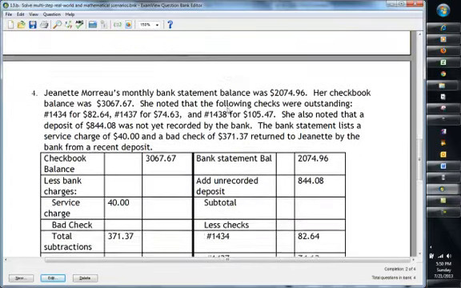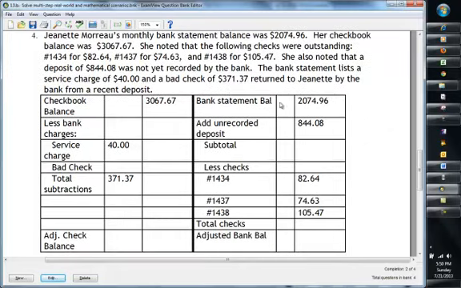This one's a little tougher. You have to reconcile a checking account statement. The bank tells her she's got $2,074.96 in her account. She says she has $367.67 in her account. But the bank did not have checks 1434, 1437, and 1438, which add up to this amount.